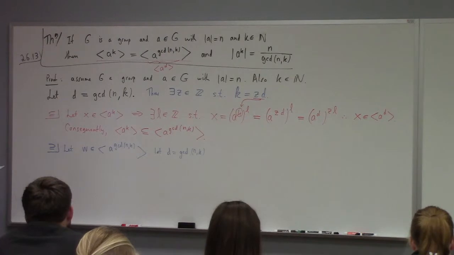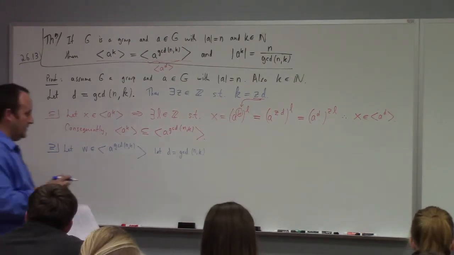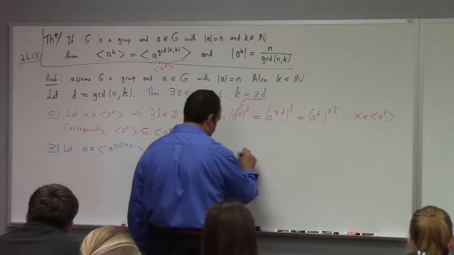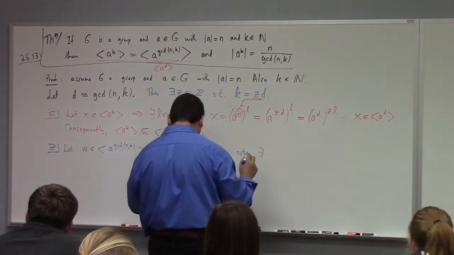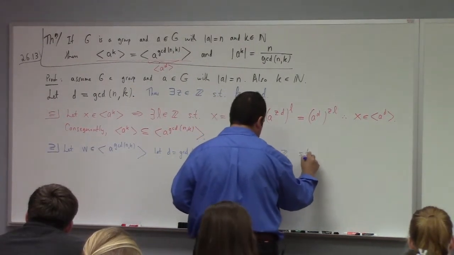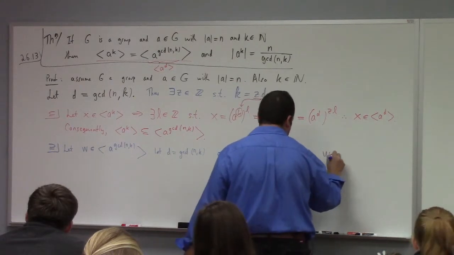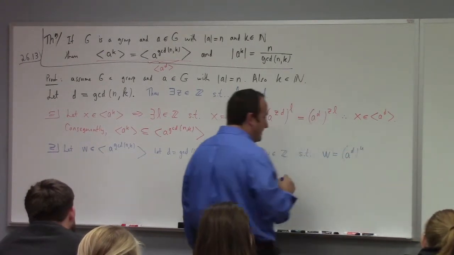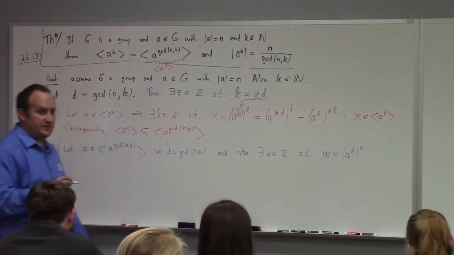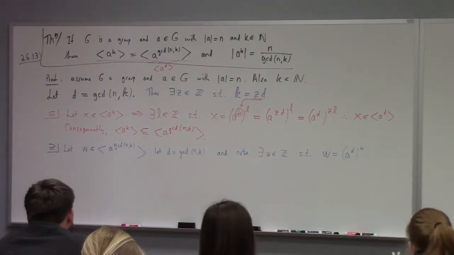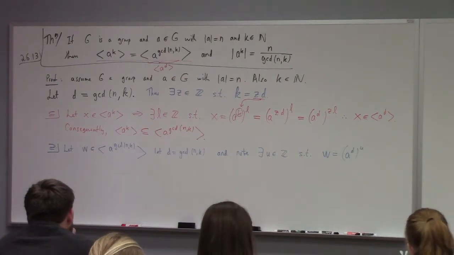All right. And note there exists u in the integers such that w is equal to what? (a to the d) raised to the u power, by the definition of the cyclic subgroup generated by a to the power d. All right, great.